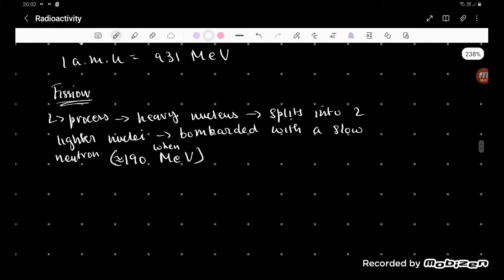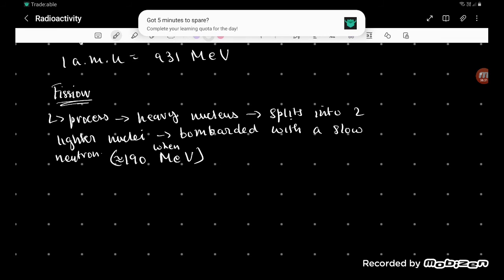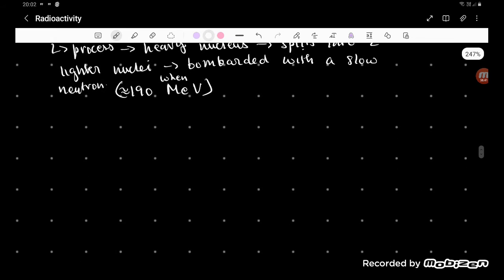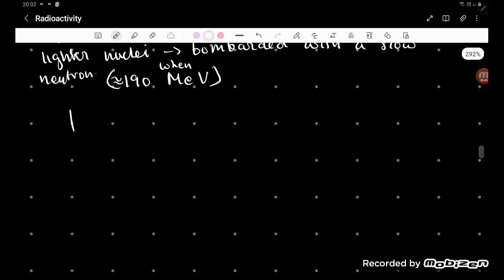So here are the equations that you have to remember.